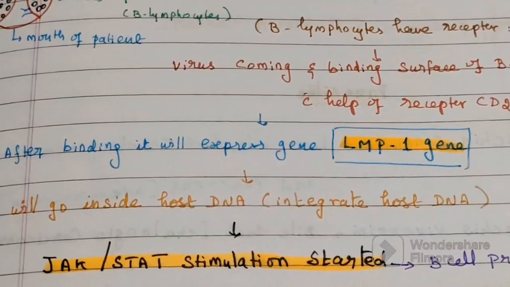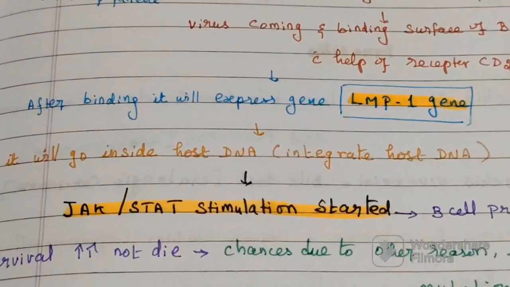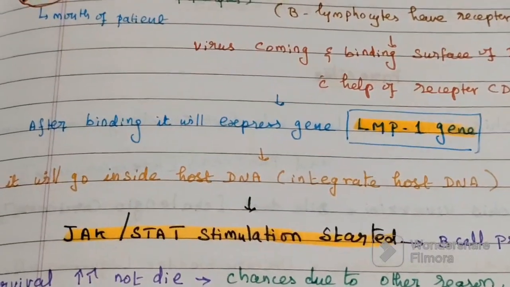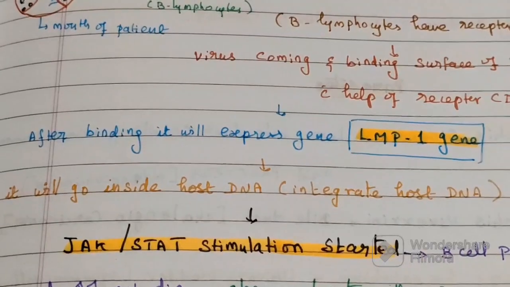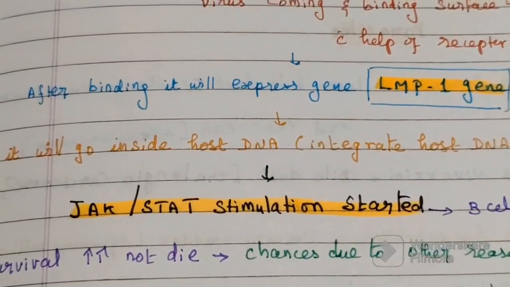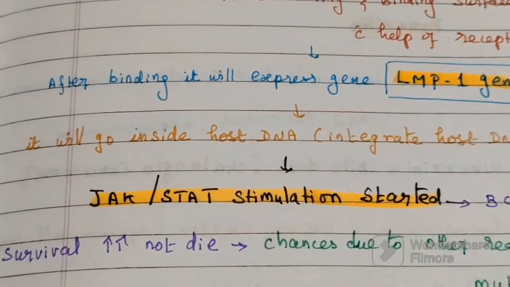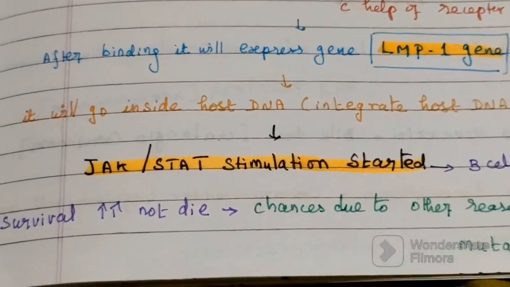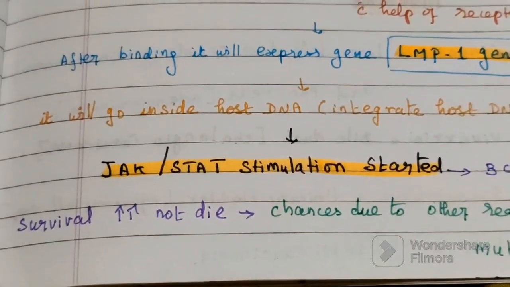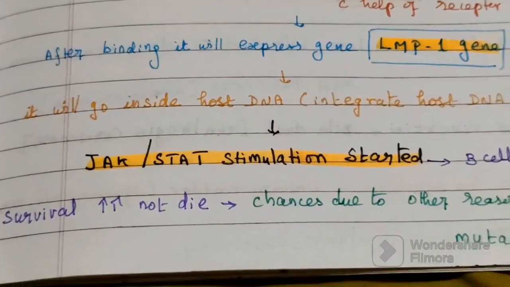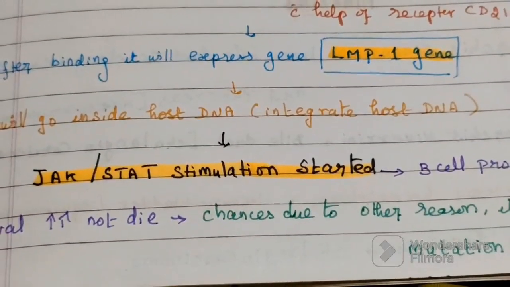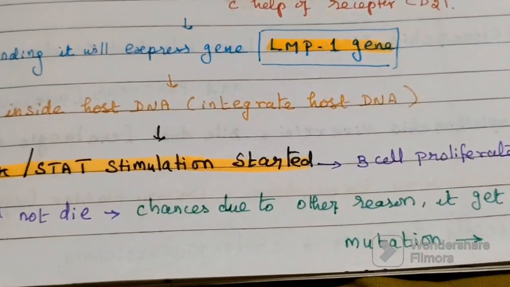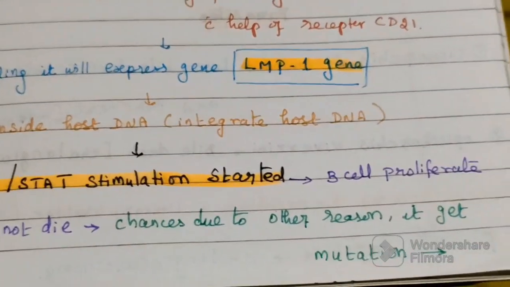After that, it stimulates JAK-STAT stimulation, and B cells proliferate. Their survival increases. They do not die, but this does not by itself cause cancer. For other reasons, it gets a mutation. Which mutation?